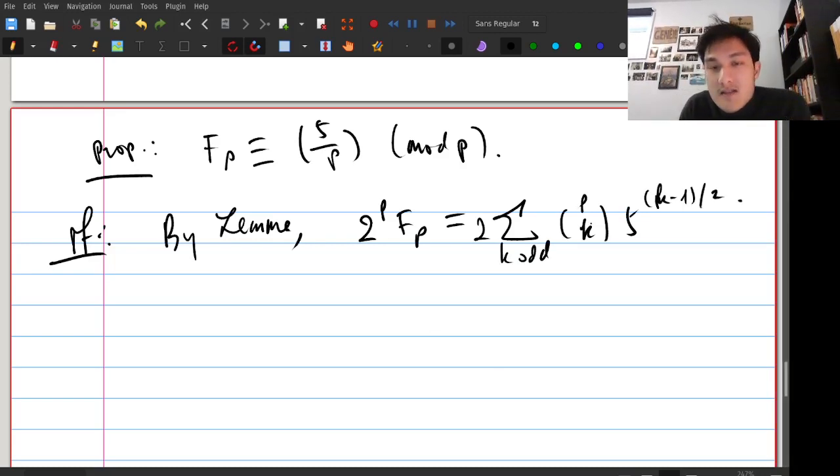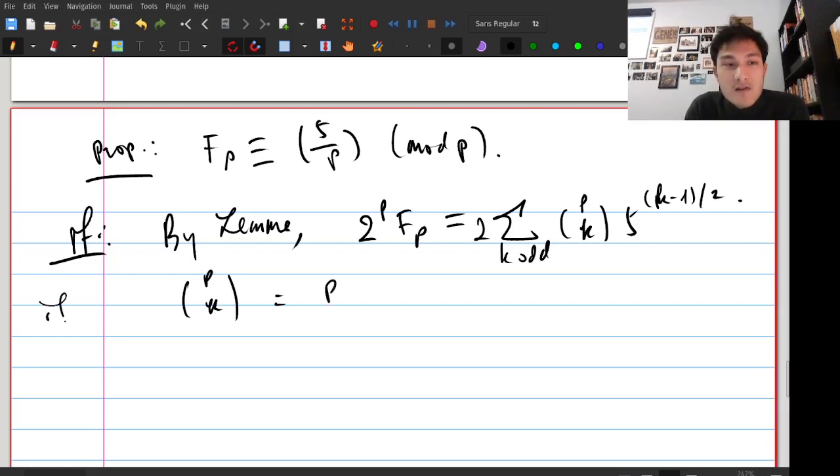But now let's look at this p choose k here. If k equals 0, it's 1. If k equals p, it's also 1. But in all other cases, it's going to be equal to 0 mod p because you get a p. So if k is not 0 and k is not p, we get this: p times (p minus 1), all the way down to p minus k plus 1.